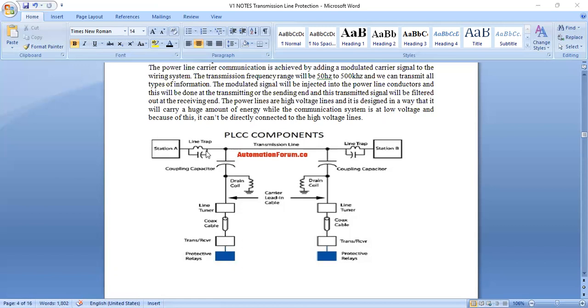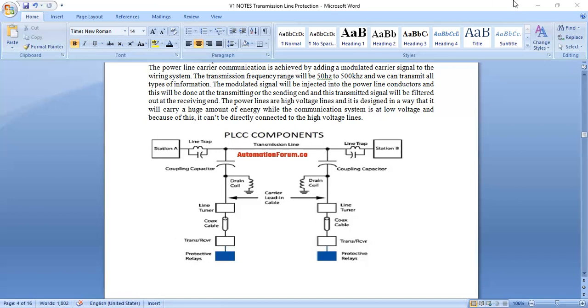In this diagram we show the drain coil, then the carrier lead-in cable, then the line tuner, then the coax cable, then the transmitter, then the receiver, then the protective relays. This type of equipment we have to use here.